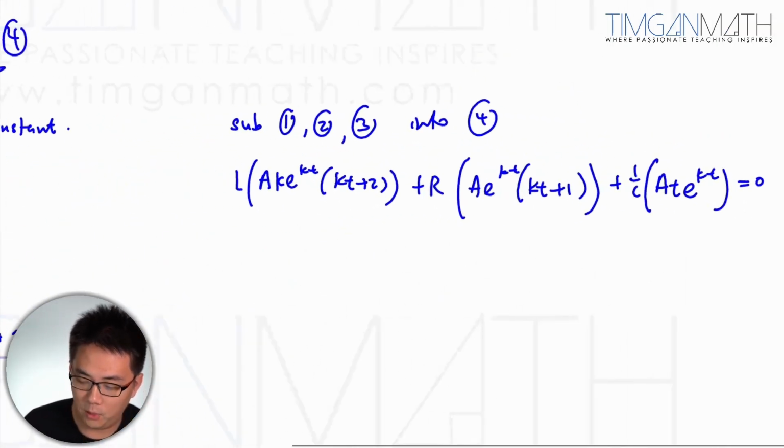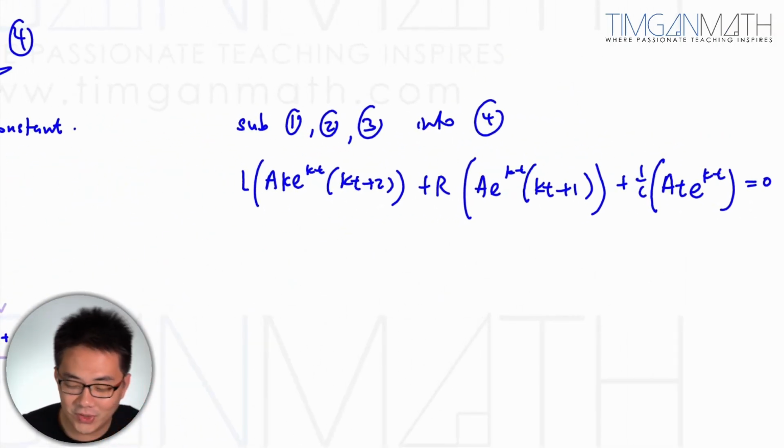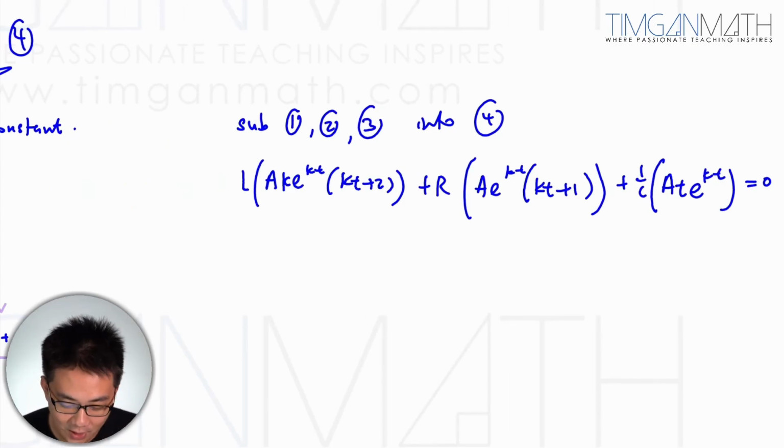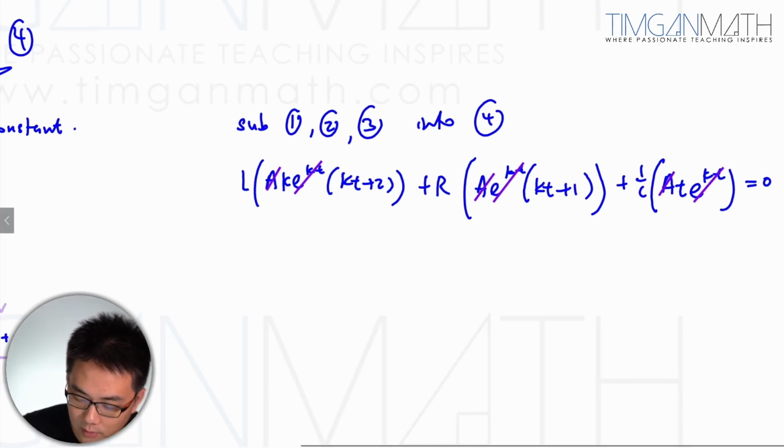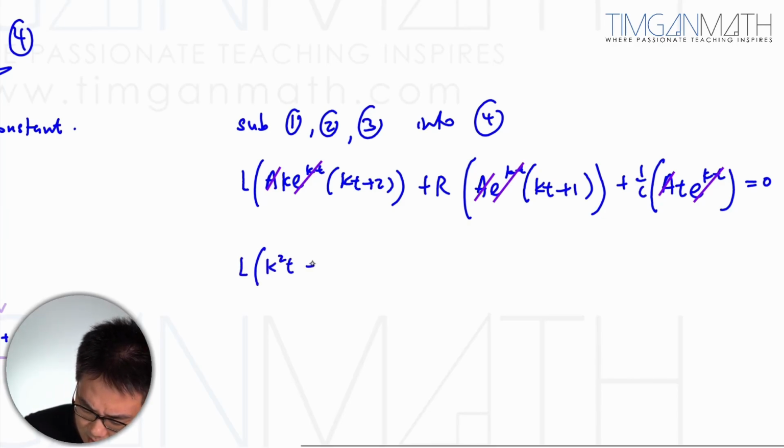That's about it. Now once we've done this, most of it is pretty okay. Before we sub it in, I can see that this common factor a, we could just divide throughout with this expression here. We're going to get L (k²t + 2k). Maybe I shouldn't skip steps, so just divide both sides by a e^kt. Cancel this up, simplify this to k.